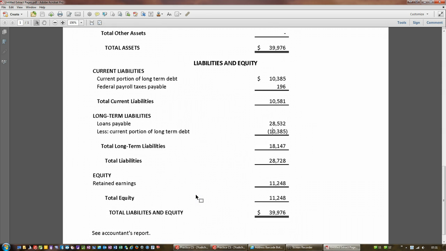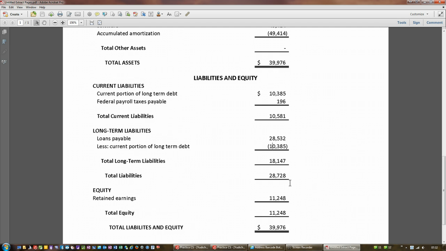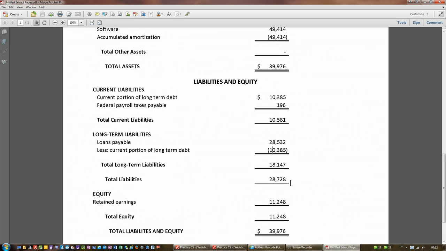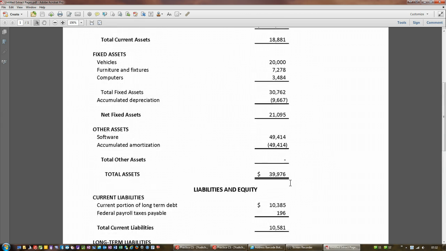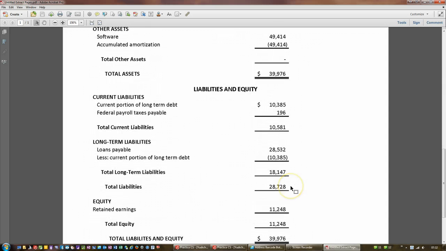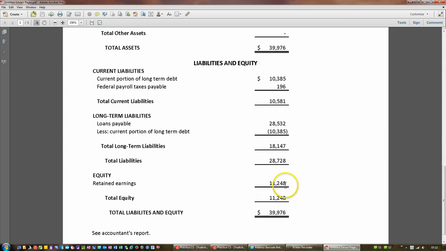The last section of the liabilities and equity section is the equity section, and this is retained earnings. Basically, this is earnings that you've made from prior years that were never distributed to the shareholders. That's why we call it retained. The retained earnings are available to be distributed to the shareholders, and that gives us our total equity.